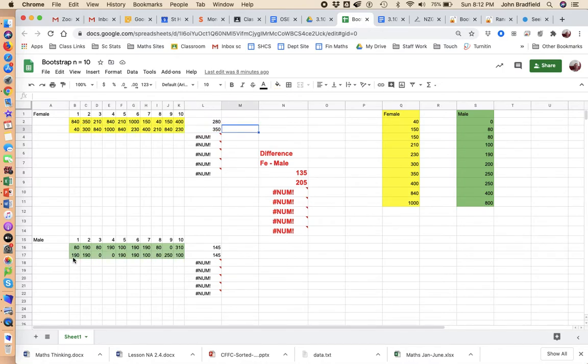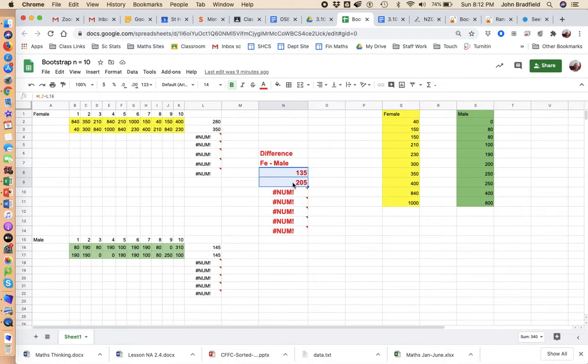When I did the resample for the males, although it's a slightly different resample with a whole lot of 190s, which comes up 4 times, and the 0 came up twice, it actually generated the same median. The important thing, though, is the difference between the two medians, which is what we measure: 350 minus 145 gives us a difference of $205. So those two are the important figures that are recorded.